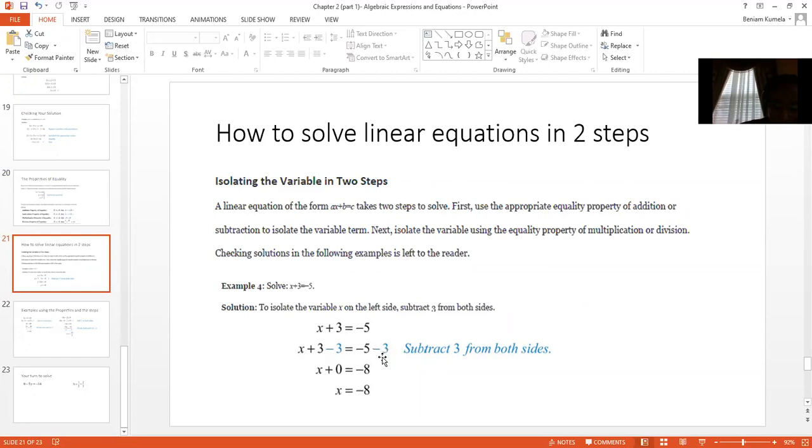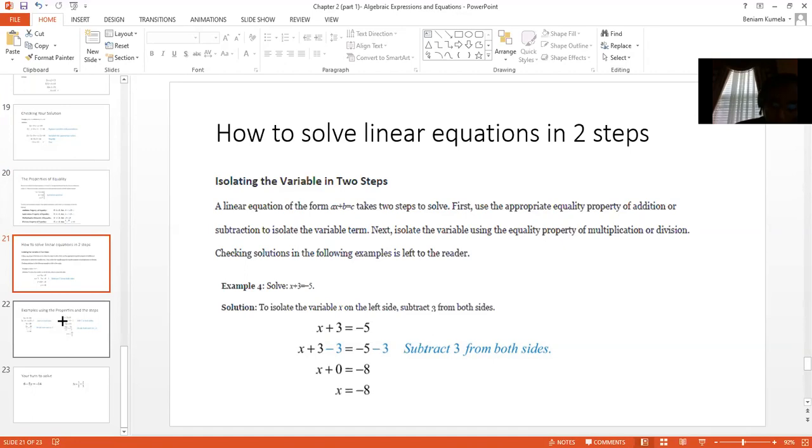The 3's cancel out. Next, isolate the variable using the equality property of multiplication or division. There's no coefficient, so you don't have to use it. So x is just equal to -8.